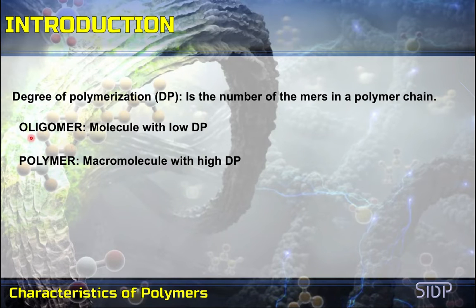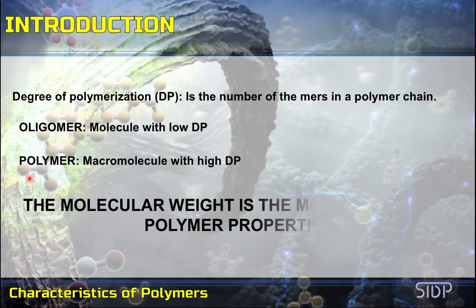Accordingly, low molecular weight products with low DP should preferably be called oligomers to distinguish them from polymers. Often the term high polymer is also used to emphasize that the polymer under consideration is of very high molecular weight.